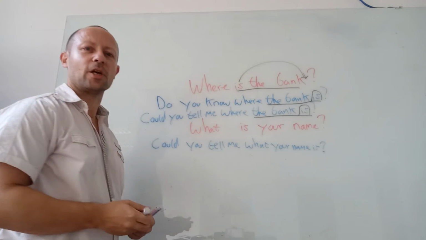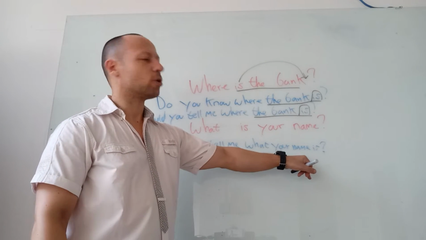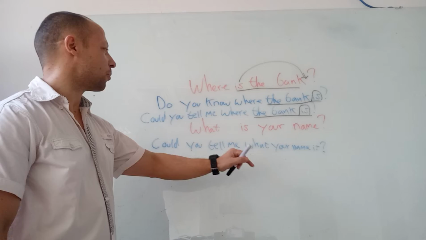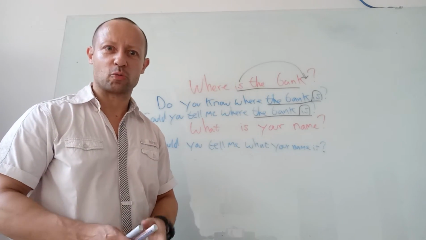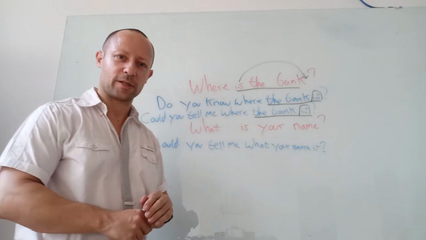Very simple like this, but normally we would just say, could you tell me your name? Which is slightly different structure, but could you tell me what your name is? We would not say, do you know what your name is, unless someone's woken up from a coma for 2 years, 2 months or something like this.